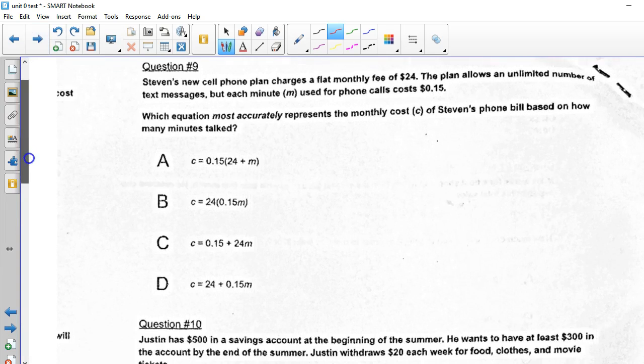Question 9. Stephen's new cell phone plan charges a flat monthly fee of $24. It allows an unlimited number of text messages, but each minute M used for phone calls costs 15 cents. Which equation most accurately represents the monthly cost C of Stephen's phone bill based on how many minutes talked? Well, he pays 15 cents per minute. It says that right there.